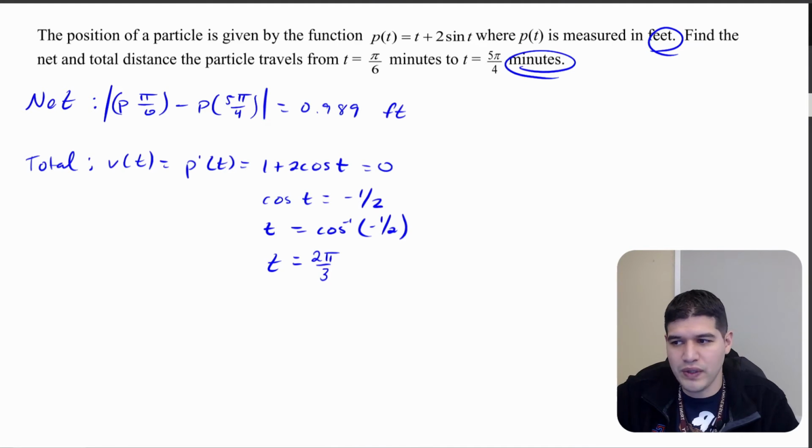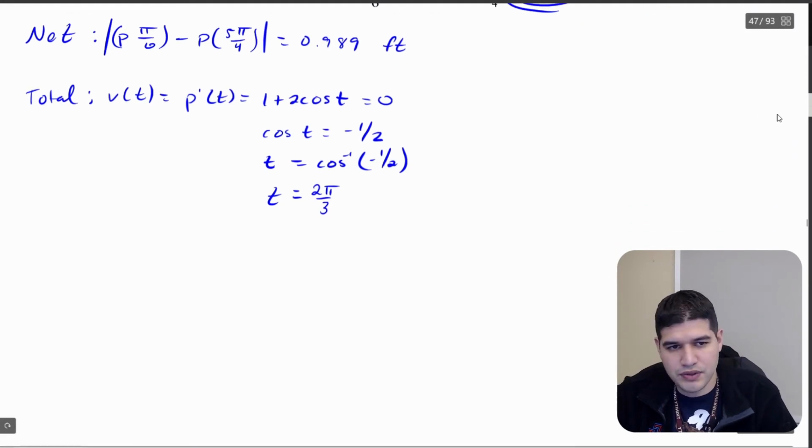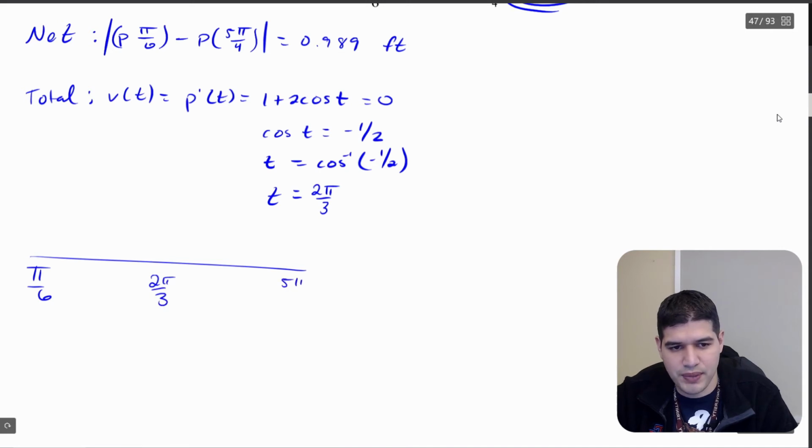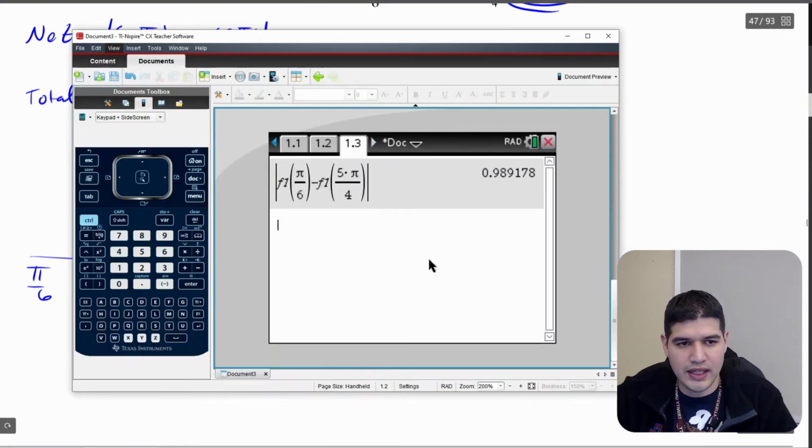All right, so we're going to have to make a sign chart here, just like we've done the other time. So we know that we're going from pi over 6 to 2 pi over 3, and we're gonna finish at 5 pi over 4. We wanna see what's happening in these intervals. So let's go ahead and graph our derivative.